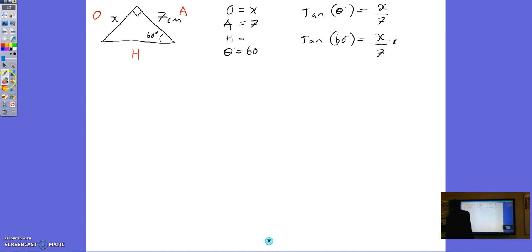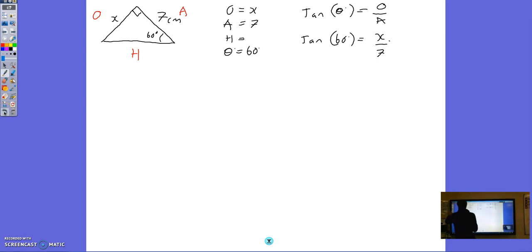Your default formula is tan of theta is equal to opposite over adjacent. And therefore, my opposite is x. And in this case, my adjacent is 7.